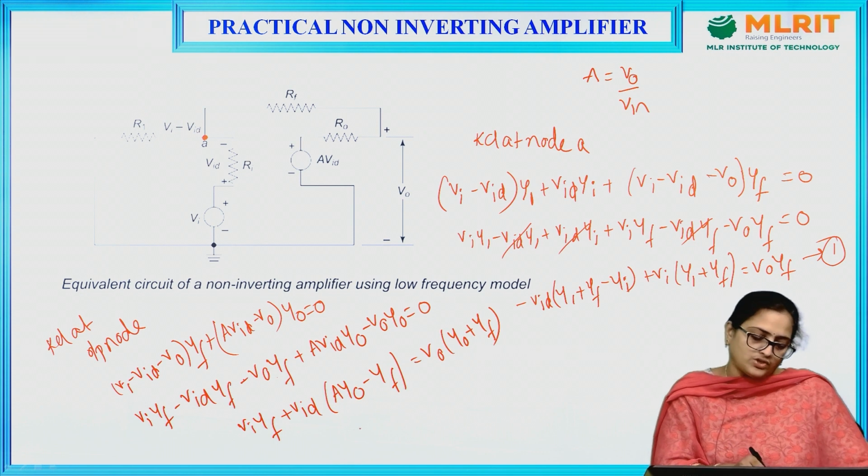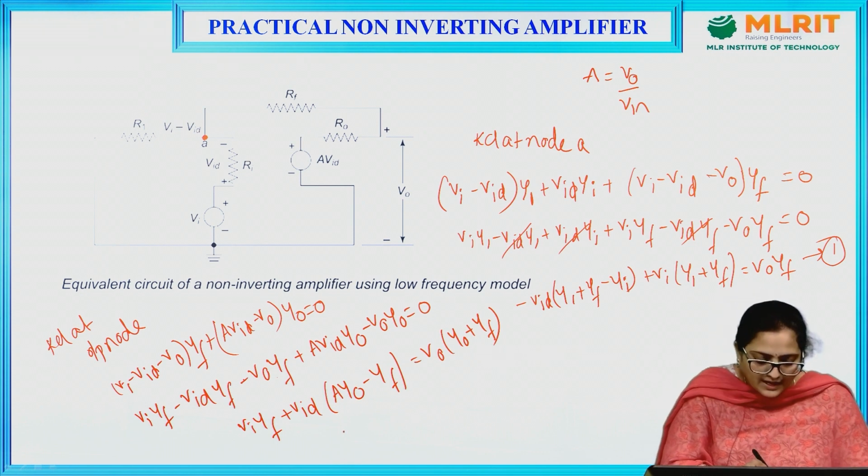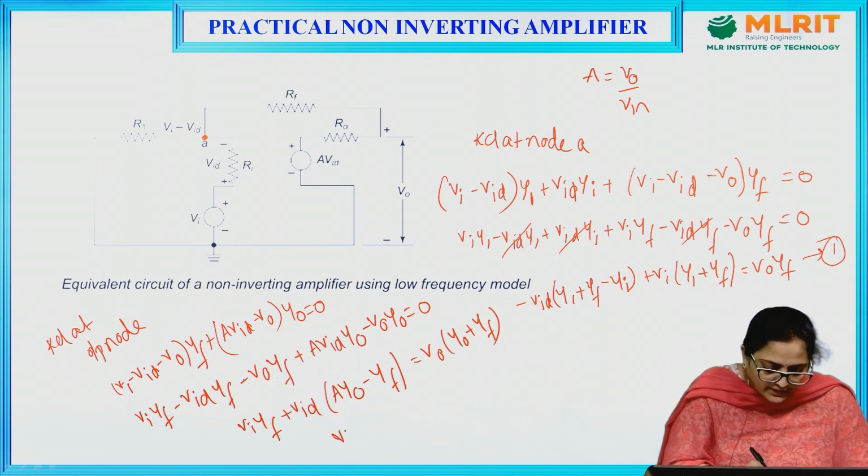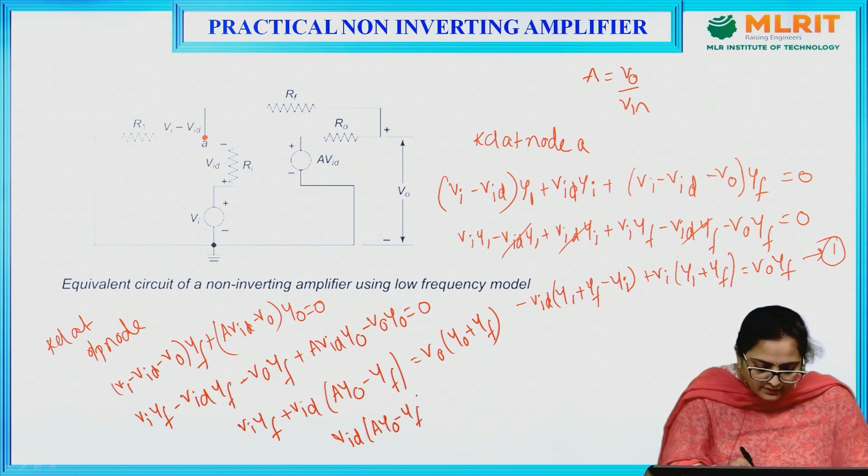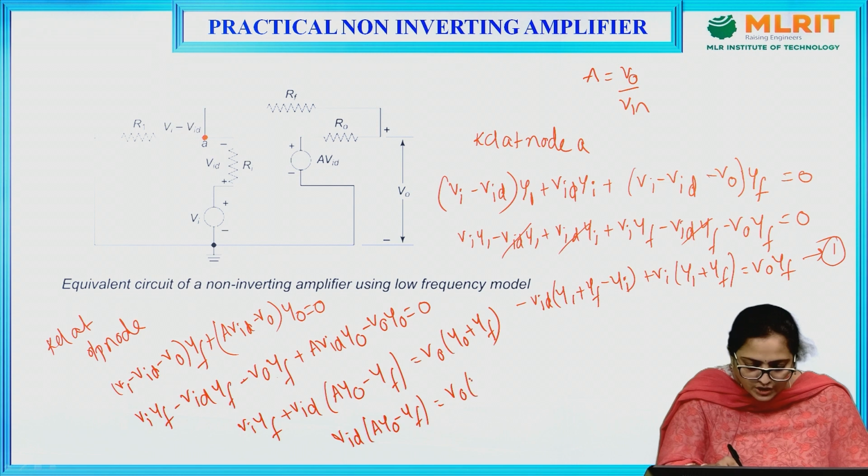So, this equation you can write in terms of VID as VID into A Y naught minus YF is equal to V naught into Y naught plus YF minus VI YF.